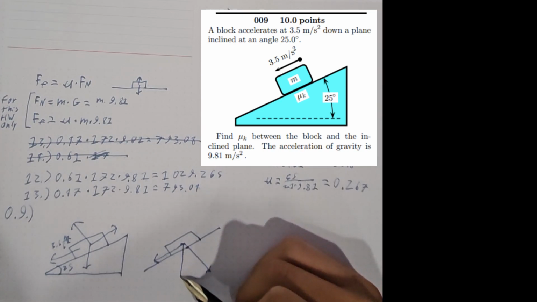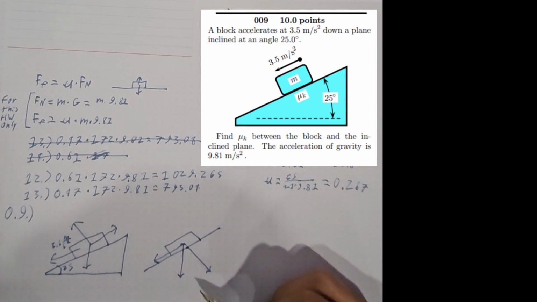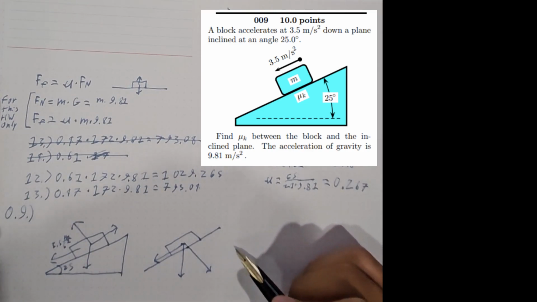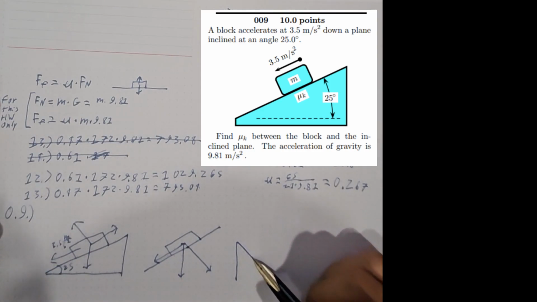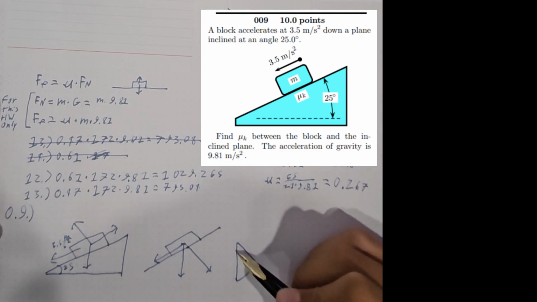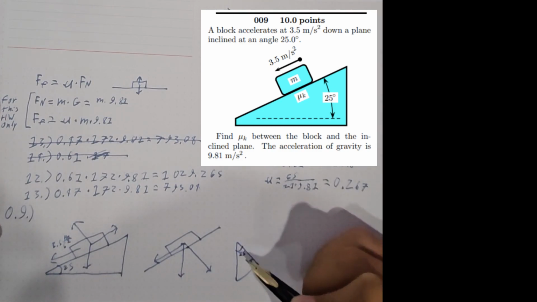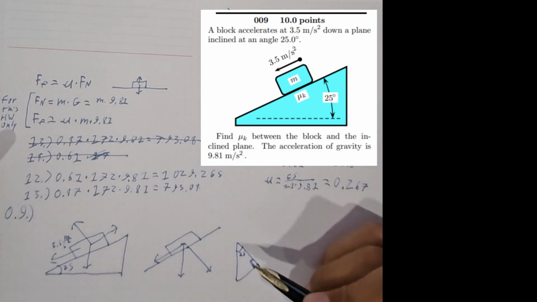And this is the gravity force I'm trying to split. These should make a triangle that looks something like this. So here's the right angle, and then this is 25 degrees as we're given.